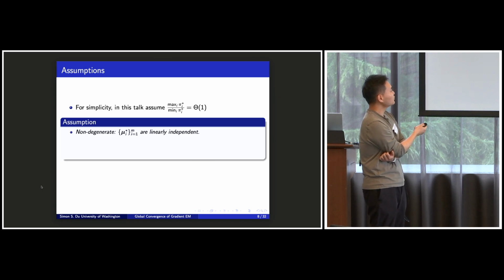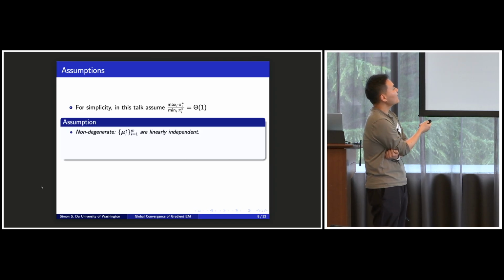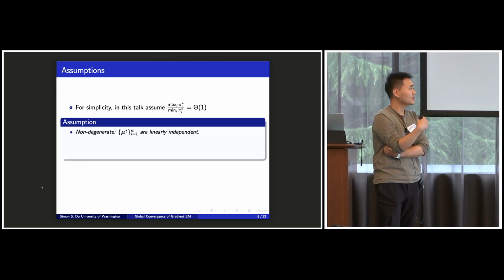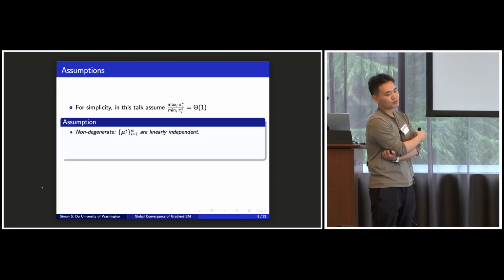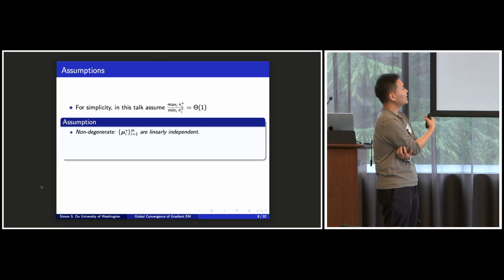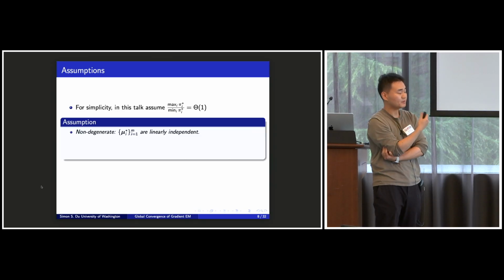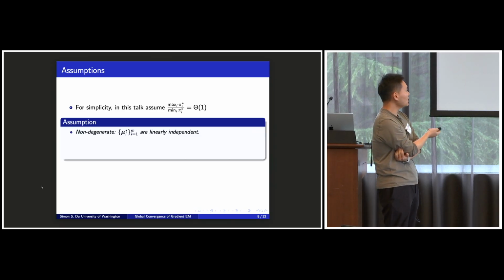First, just for simplicity, this can be relaxed in our paper, we assume the ratio of the maximum of pi star and the minimum of pi star is on the order of 1. If you have another ratio, then the amount of over-parameterization will depend on this ratio. But for simplicity, let's assume it's theta 1.